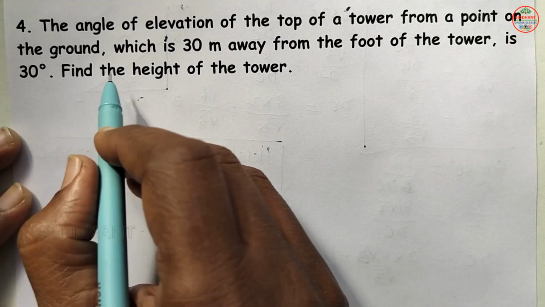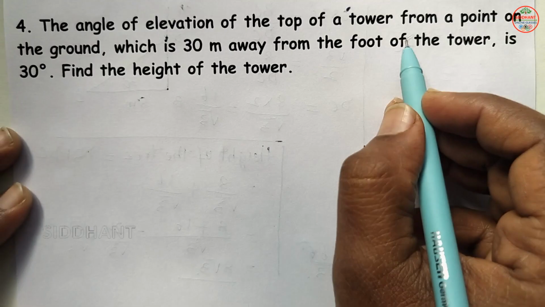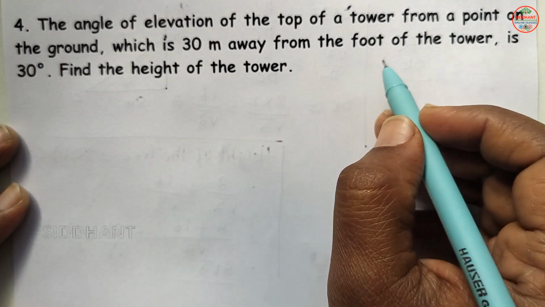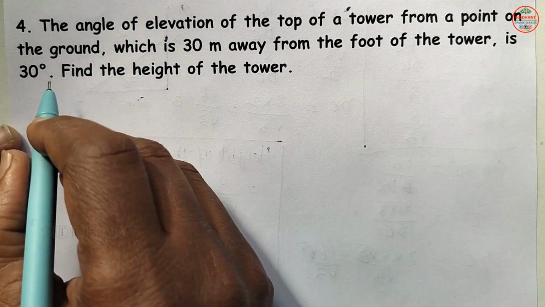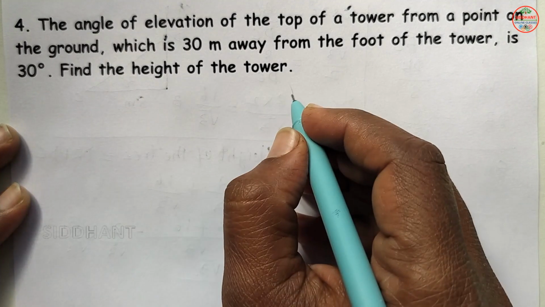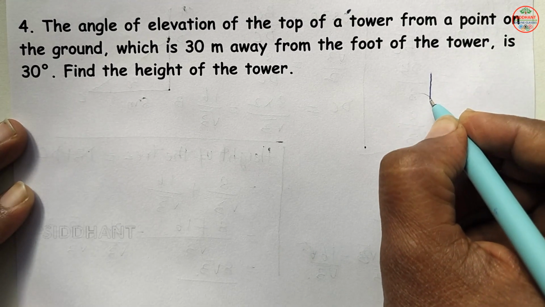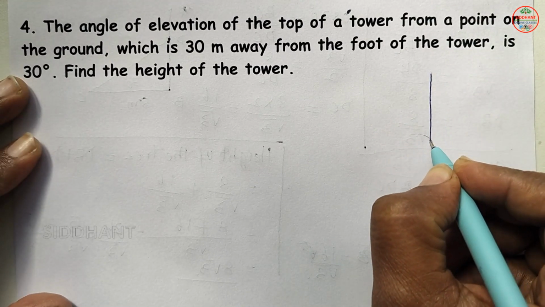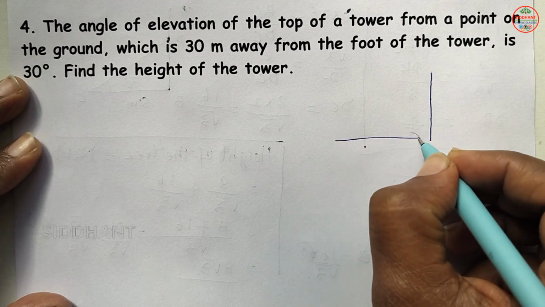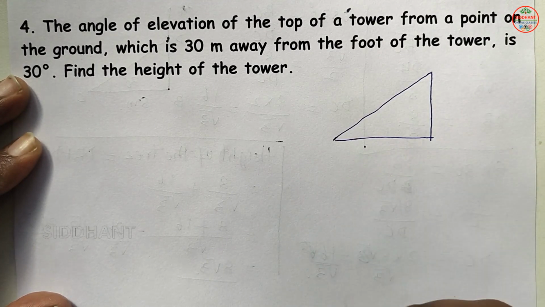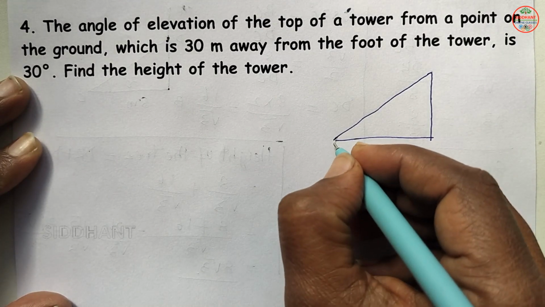Question number 4. The angle of elevation of the top of a tower from a point on the ground which is 30 meters away from the foot of the tower is 30 degrees. Find the height of the tower. So here we see the height of the tower, and it is inclined with 30 meters away.